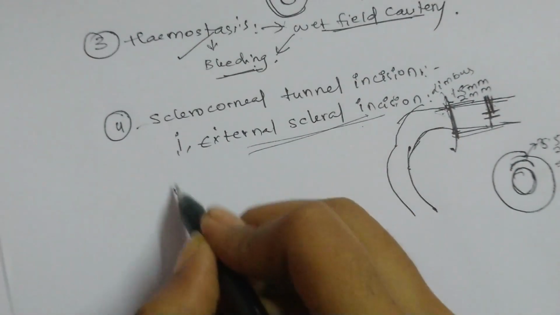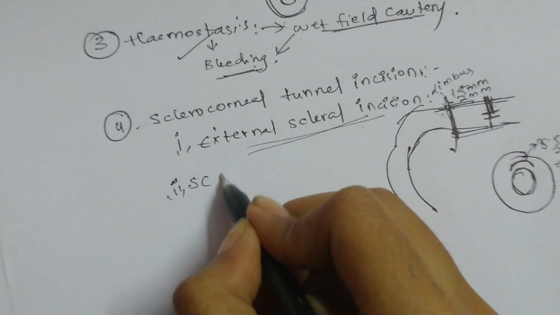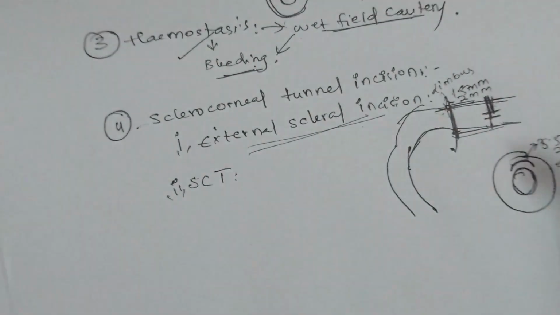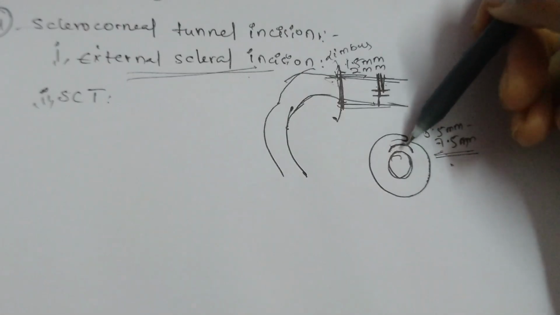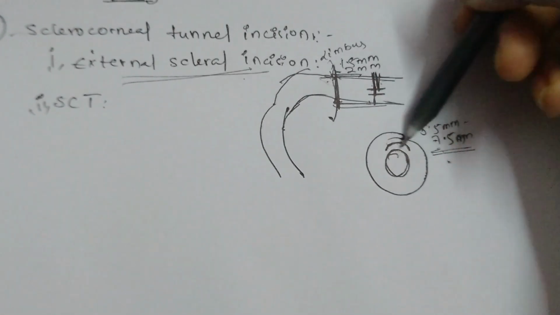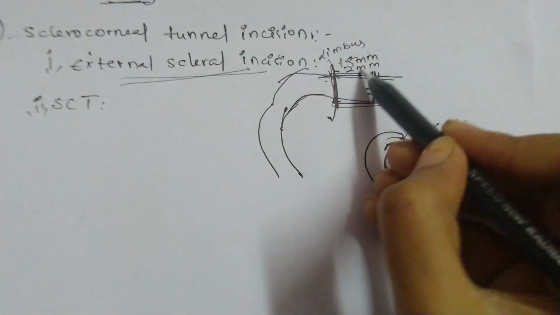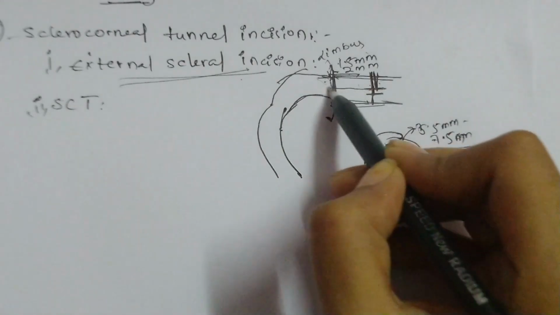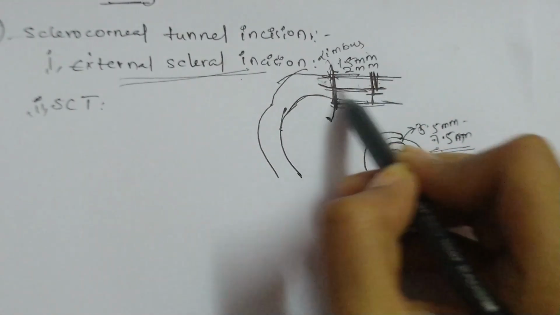Next step is formation of the tunnel, the sclerocorneal tunnel. From this incision, we are going to insert what is called a crescent knife. Through this crescent knife, we make a tunnel like this.